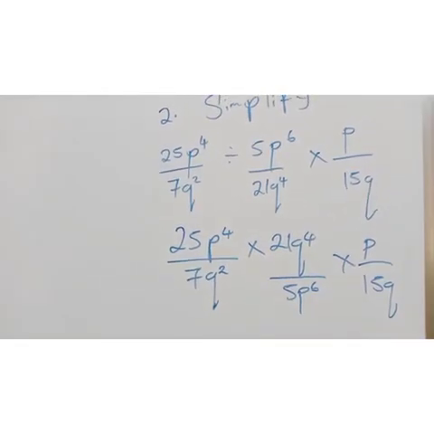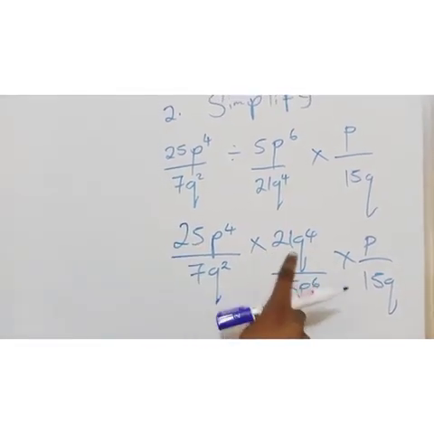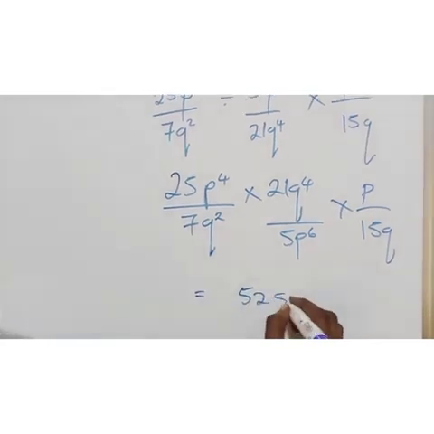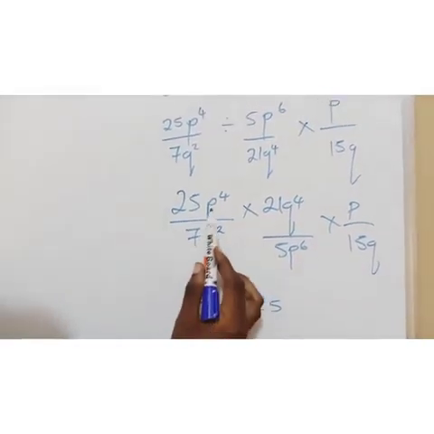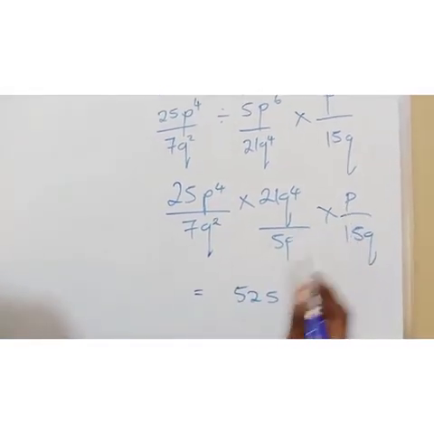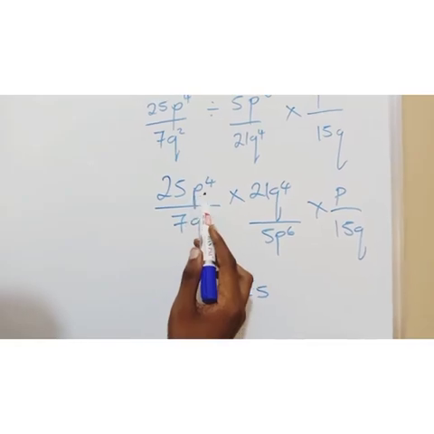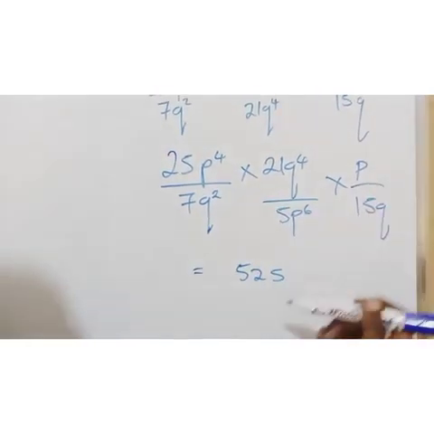I'll multiply the numbers first: 25 times 21 gives me 525. Now I start multiplying letters. This is p to the power 4 times p. If you're multiplying variables with powers, you add the powers. Here this is 4, here there's 1, so 4 plus 1 is 5.